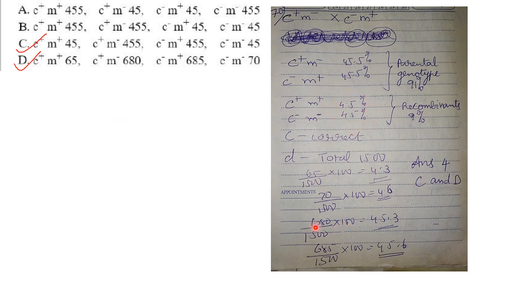Now 680 by 1500 into 100 will be 45.3, and 685 by 1500 into 100 will be 45.6. So these two values are also close to your parental genotype. So D is also the answer. So the answer here is C and D.